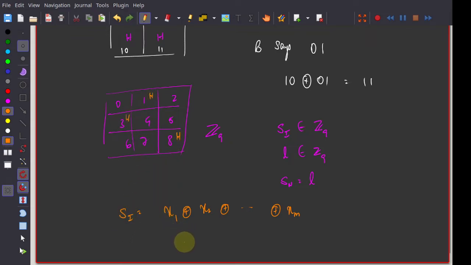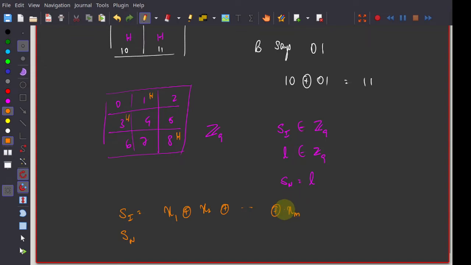That's the initial state. Now what do I want? I want the new state. The question is, can I go from this initial state to any new state by flipping? So what does the flip operation correspond to? So either add another element which is not present in this, or you basically subtract this particular element.